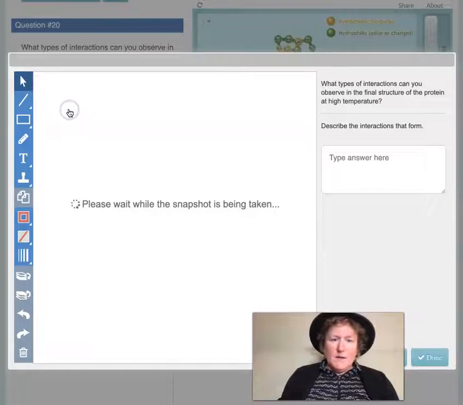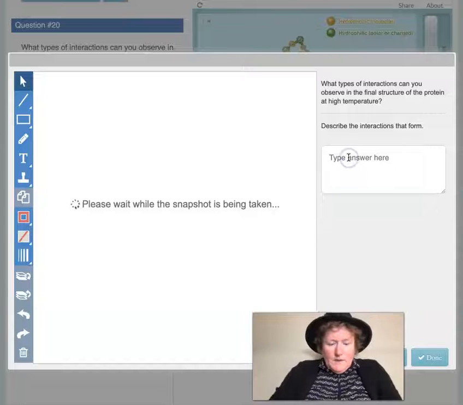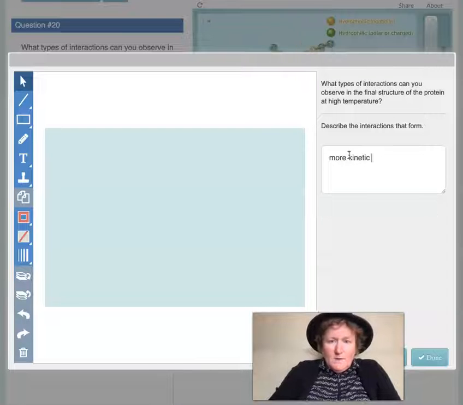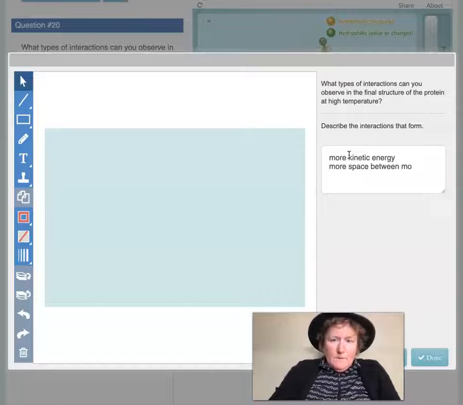So let's take a snapshot at high temperature, and we can say more kinetic energy. We can say more space between the atoms. We can say polar are not as organized.